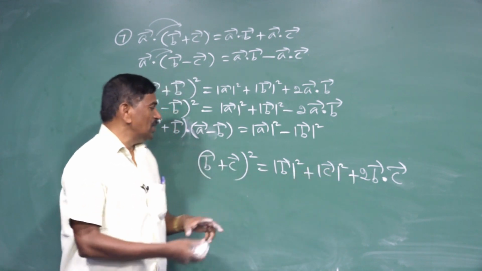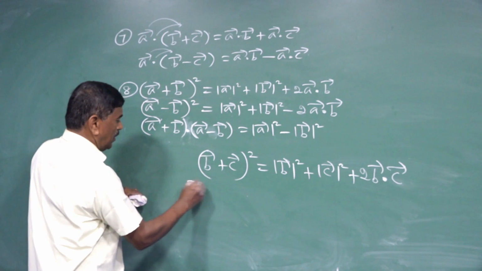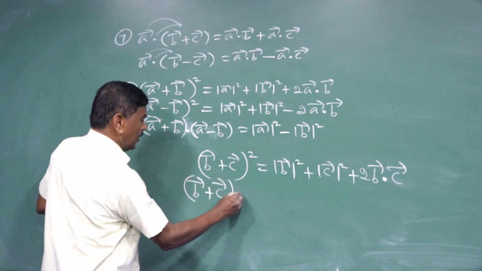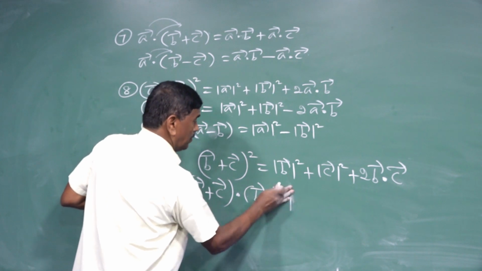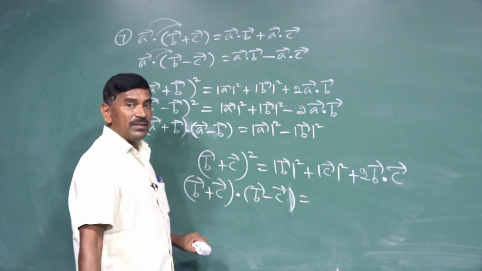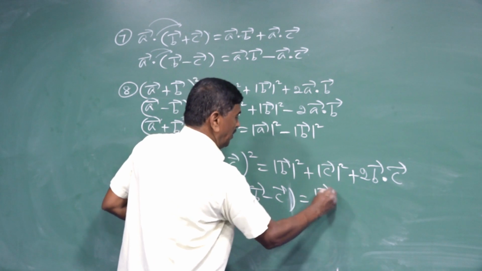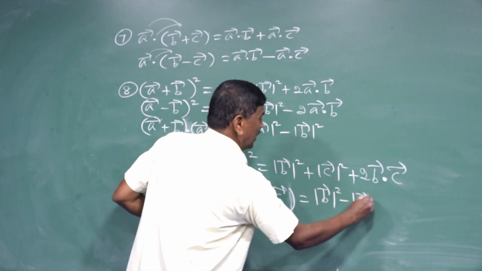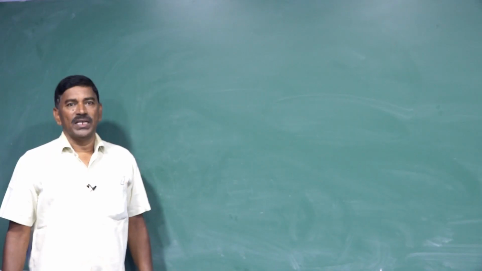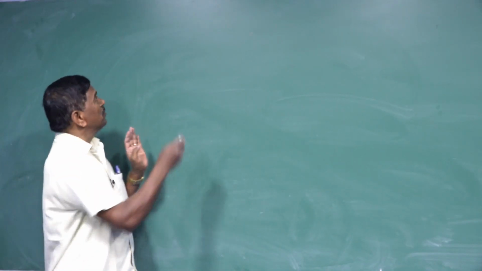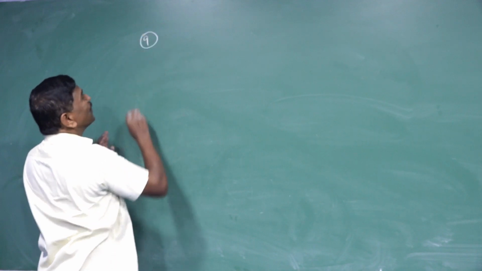Suppose for example, B vector plus C vector dot B vector minus C vector, which is equal to, very good, modulus B vector square minus modulus C vector square. Like that we can derive the formulas. Children, listen. Now property 9th one. Suppose 9th one.